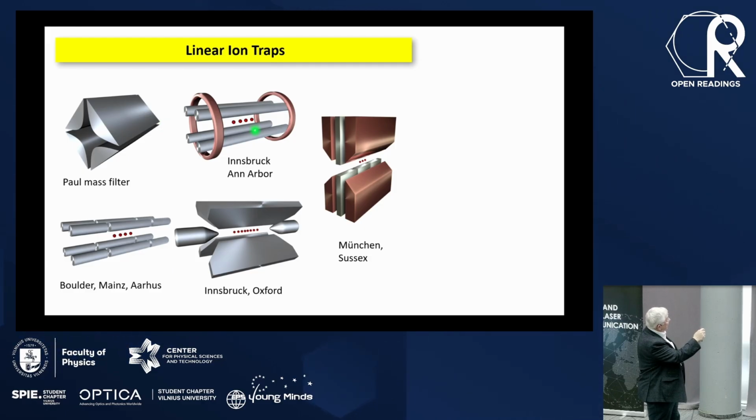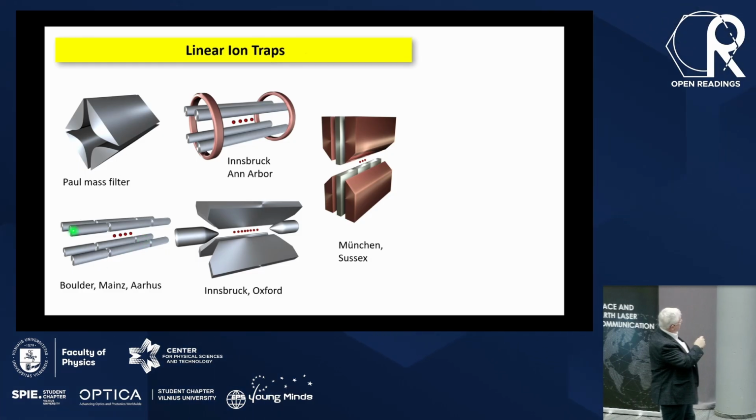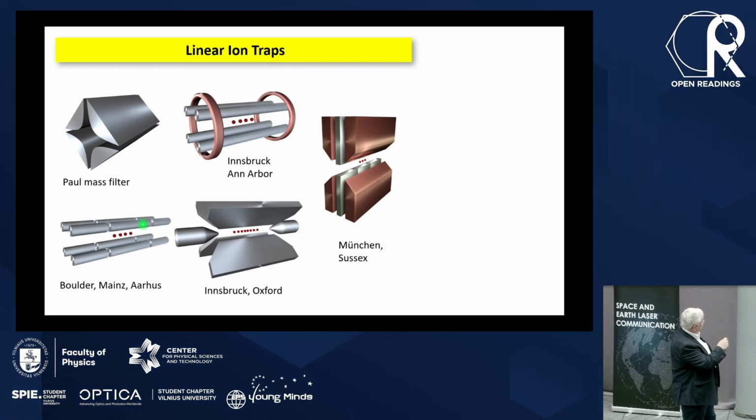You can keep the ions in the center by just winding rings around it. This is a construction that we used initially, that was then copied later on. But then you can also replace these rings for stronger confinement with so-called segments. This is a construction of Boulder and Mainz. And we have then used what we call a knife edge blade trap, which has even stronger confinement.